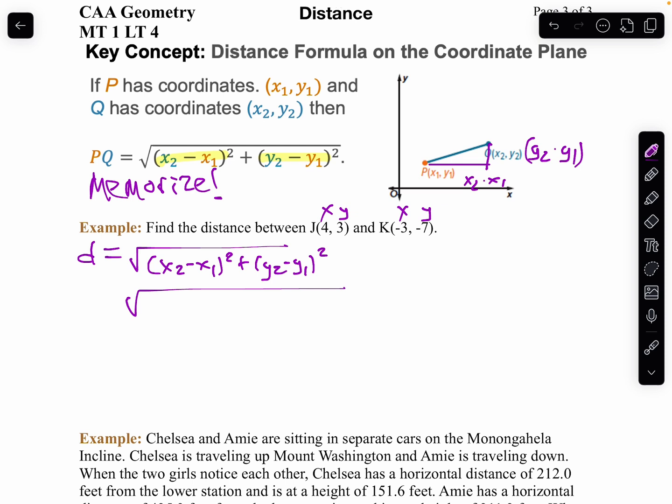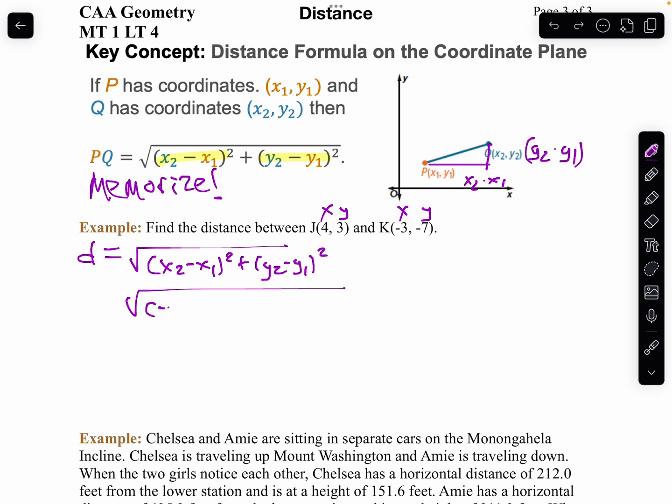So if I go negative 7 minus 4 squared plus subtract, well, I did the y's first, which is okay, but let's do it the way I presented it. I want to subtract my x's first.